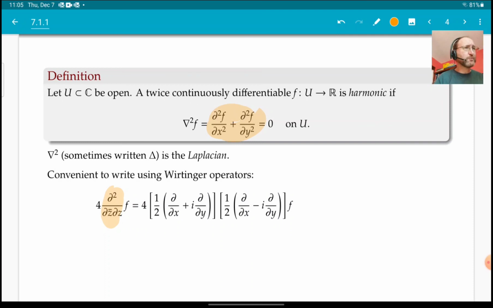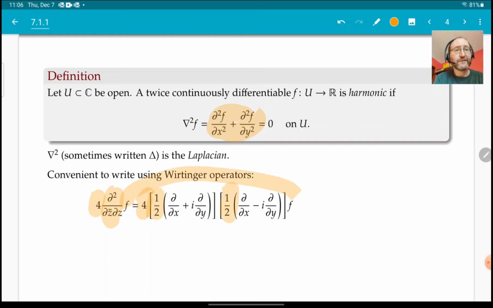These are the Wirtinger operators. They're not really derivatives in the very traditional sense, but they act like derivatives. So if we take this operator where we take the z derivative and then the z bar derivative of f, we're going to multiply by 4 just to make things work out, because of these halves out here. So the 4 cancels that out.